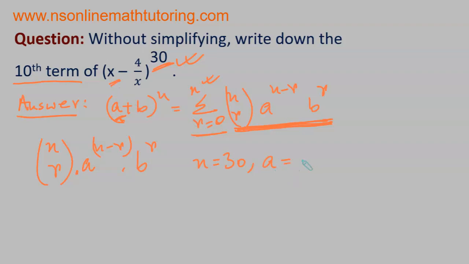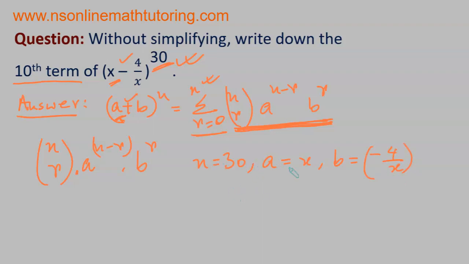Therefore, a is equal to x. What is the value of b? You see, a and b are connected by this plus sign, whereas x and 4 over x are connected by the minus sign. Therefore, we will be taking the minus sign with the b part. So, b value will be equal to negative 4 over x.